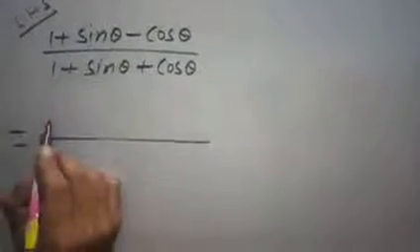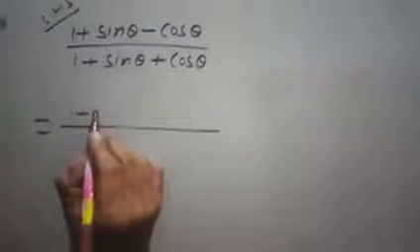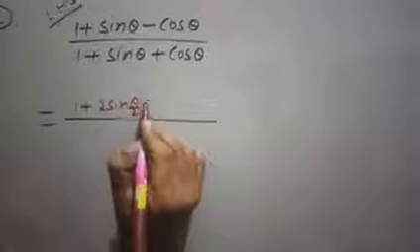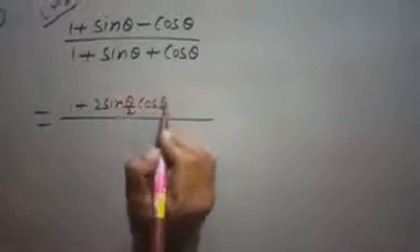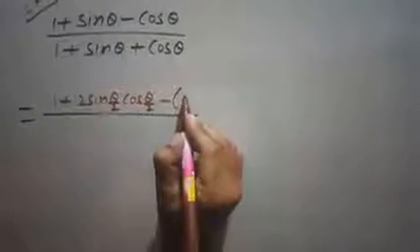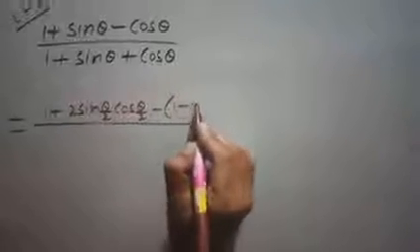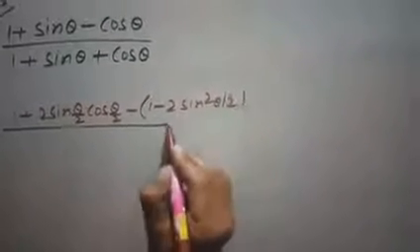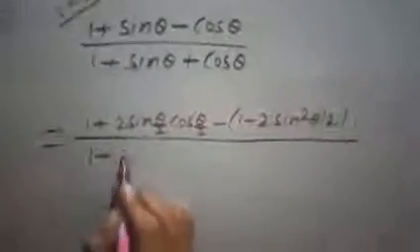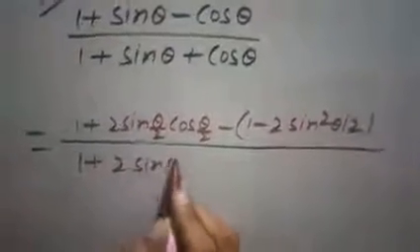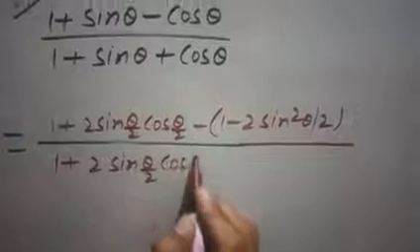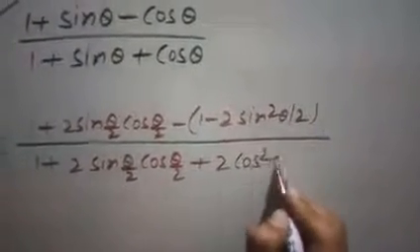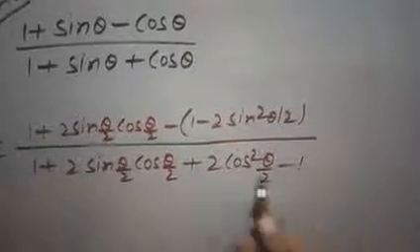I mean to say, here 1 plus sin theta can be written as 1 plus 2 sin theta by 2 cos theta by 2, and cos theta as 1 minus 2 sin square theta by 2. Here, 1 plus 2 sin theta by 2 cos theta by 2, and here 2 cos square theta by 2 minus 1.